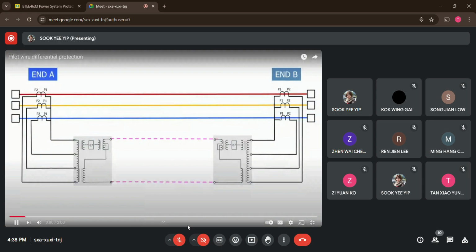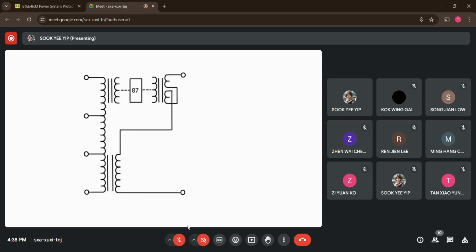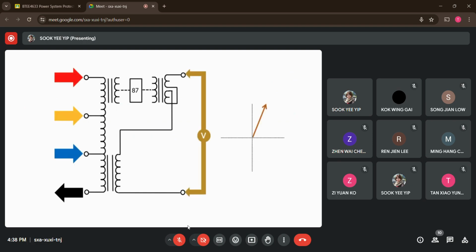In the old pilot wire systems, we use a three-phase to single-phase summation transformer, as shown here. What this device does is convert the three-phase currents into a single-phase voltage signal, which represents the magnitude and phase angle of the three-phase currents. This means that we can transmit the signal over many kilometers.